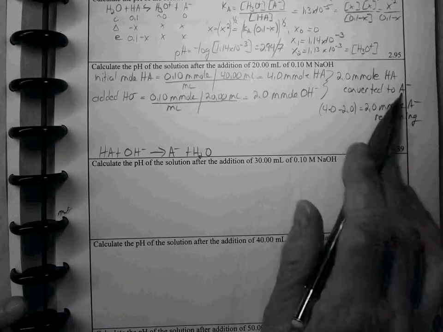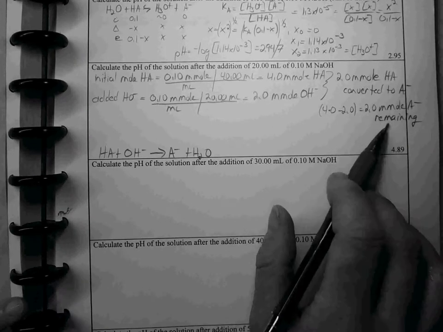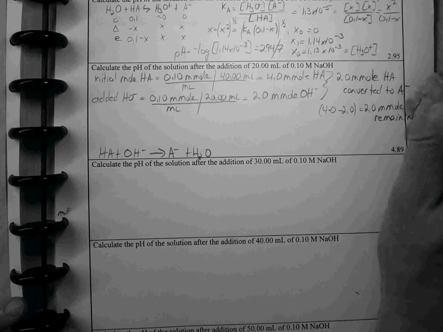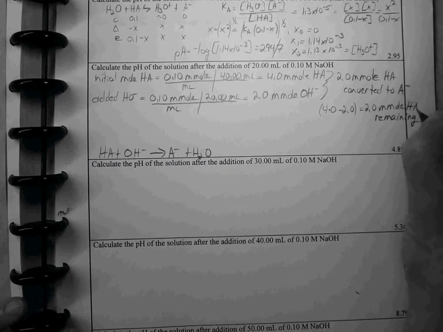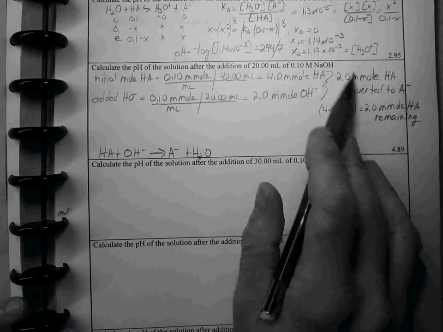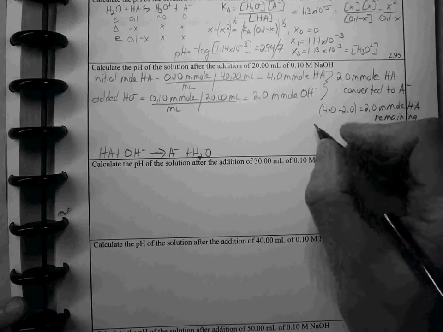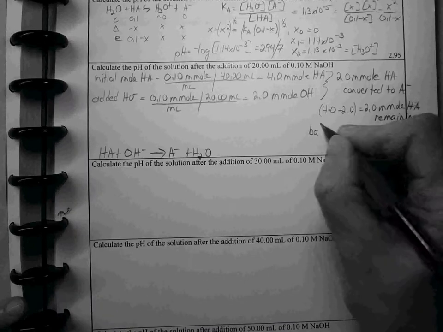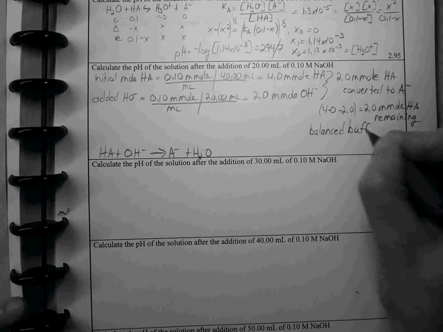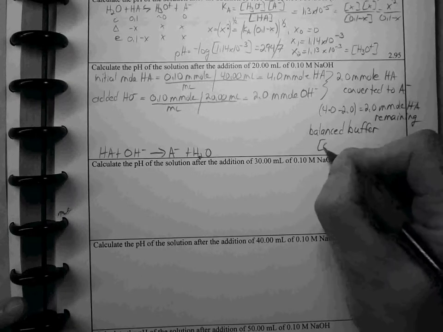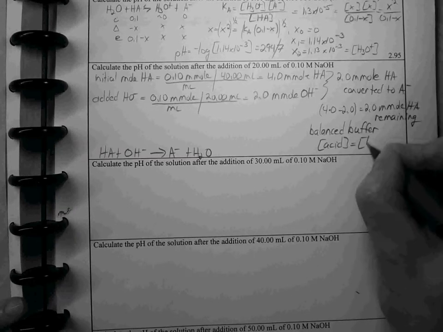So we have 2 millimoles of HA left, and we have 2 millimoles of A minus. This is a balanced buffer, meaning our concentration of our acid is the same as the conjugate base.